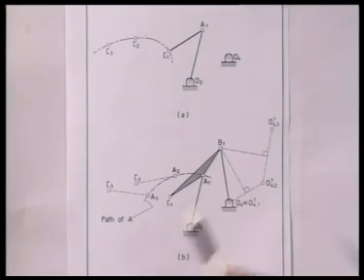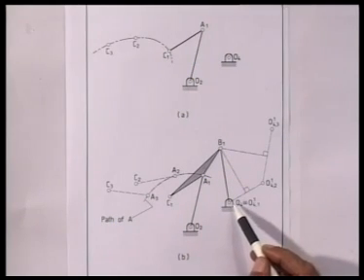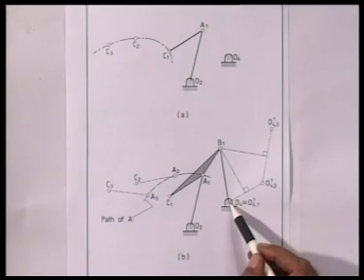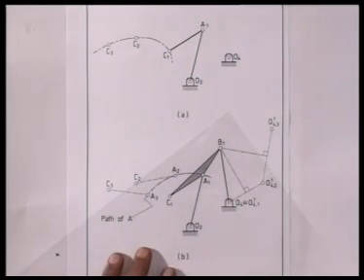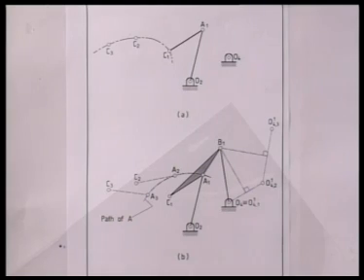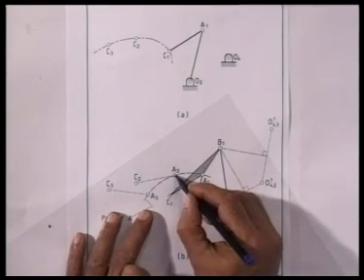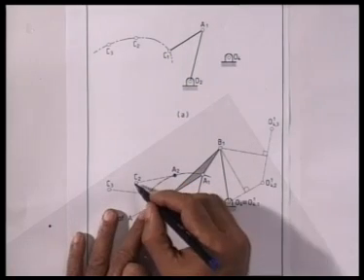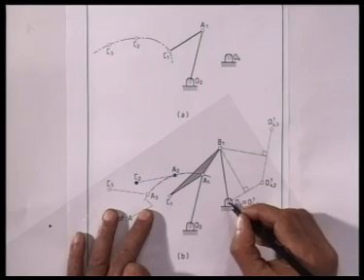To determine B1, what we did, we considered the inverted positions of O4. To obtain the inverted positions of O4, I hold the coupler fixed at its first configuration, that is A1C1. Corresponding to the second configuration, what we did, we marked A2, C2 and O4.